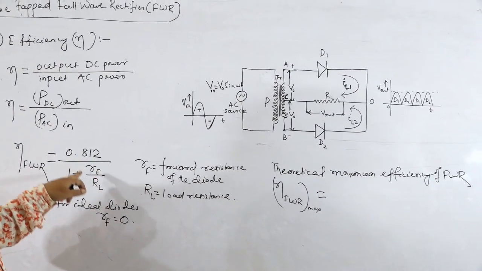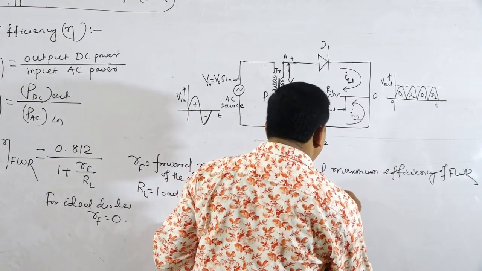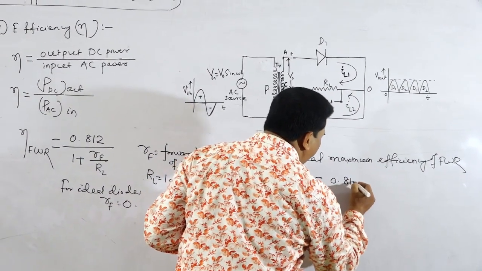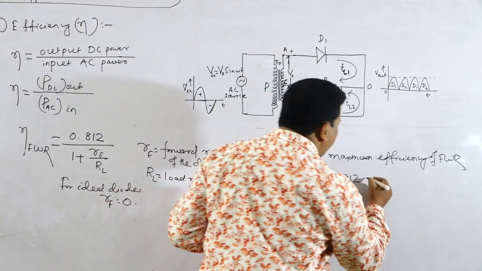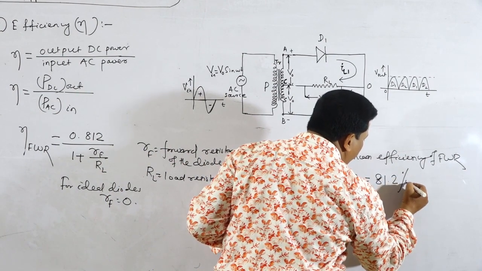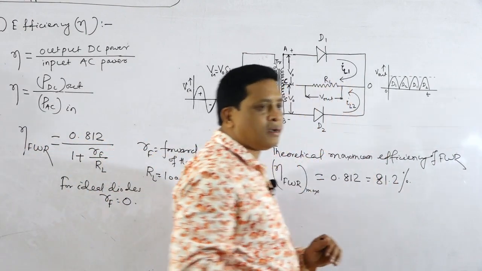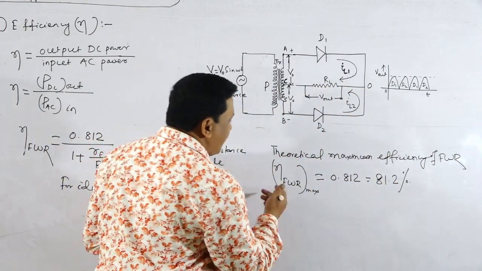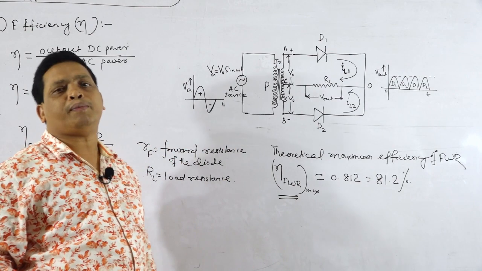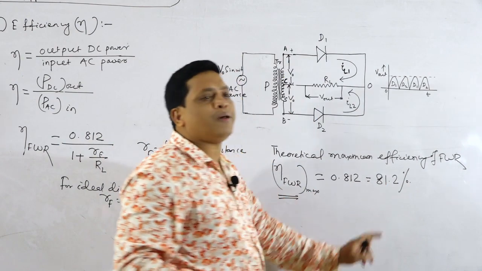If you put RF equal to 0, then you will get eta FWR max is equal to 0.812, or if you express in percentage, it will be 81.2%. Okay? So, this is the maximum theoretical efficiency of a full wave rectifier. But practically, the efficiency will be less than this value.